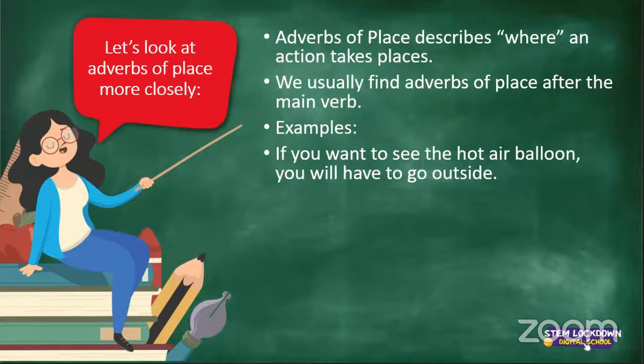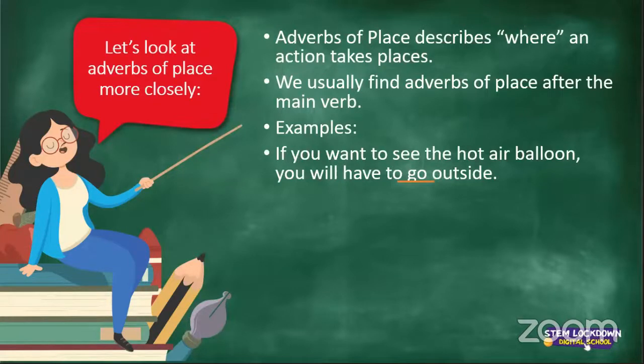What is the verb in that part? You will have to go outside. Where is the verb? Good, I want to see more answers. Very good. The verb in that part of the sentence is go. So now we'll ask, where will you have to go if you want to see the hot air balloon? Where do you have to go?